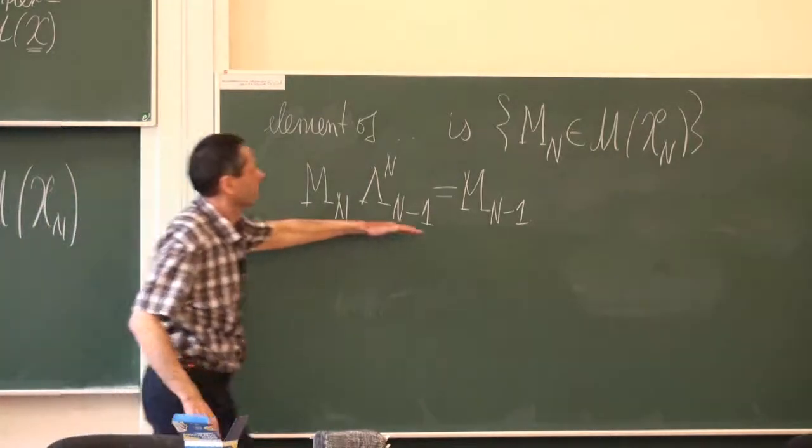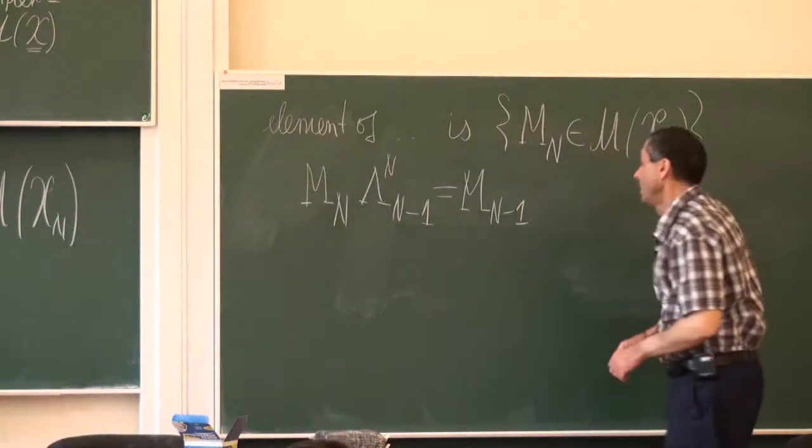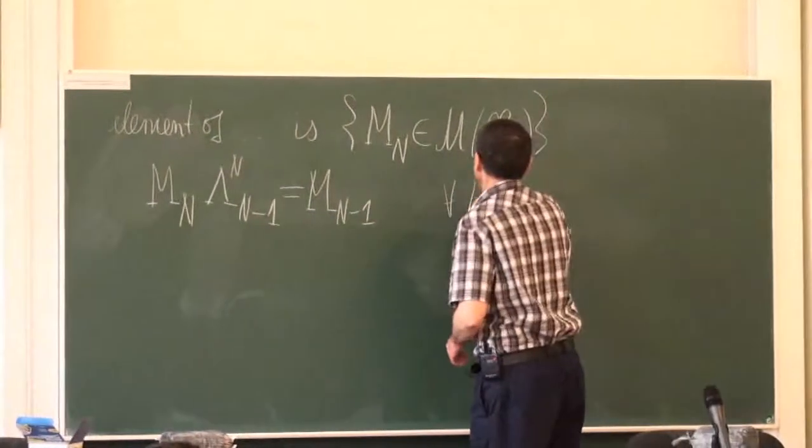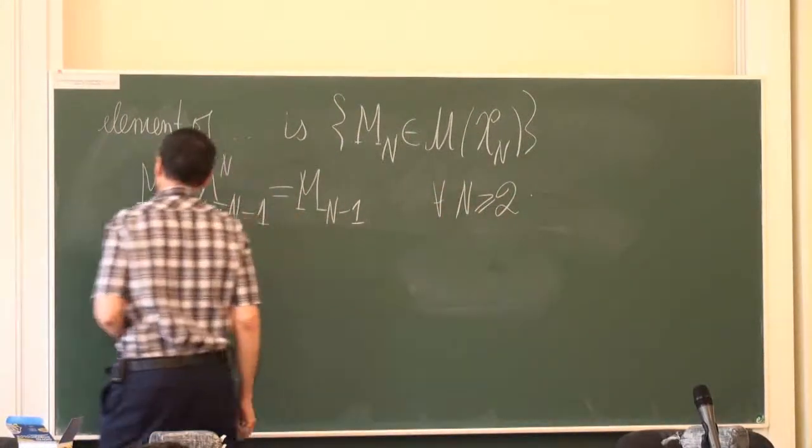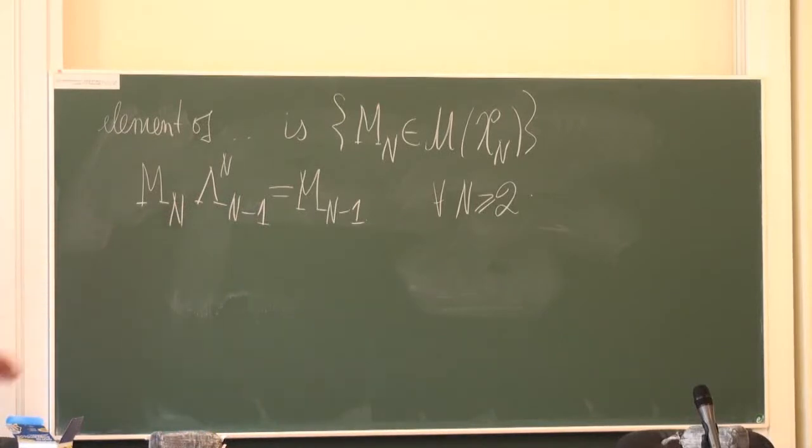So this relation must hold for any n greater than 1. So this is just the definition of a set theoretic projective limit.